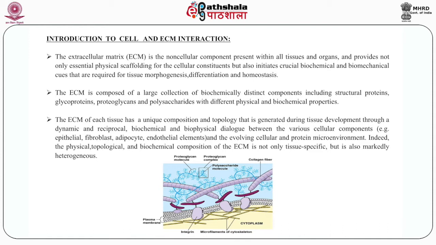The extracellular matrix is the non-cellular component present within all tissues and organs. It provides not only essential physical scaffolding for the cellular constituents, but also initiates crucial biochemical and biomechanical cues that are required for tissue morphogenesis, differentiation, and homeostasis.